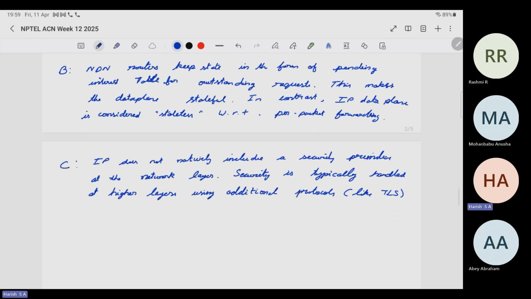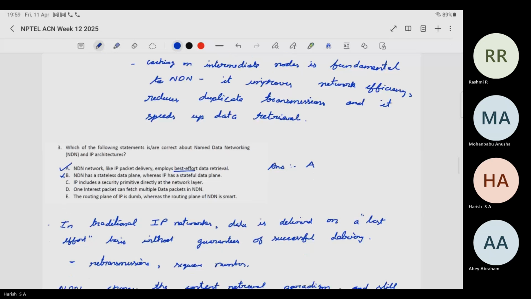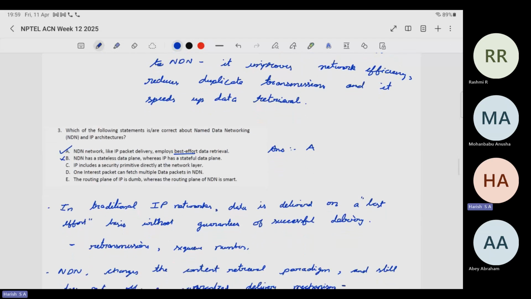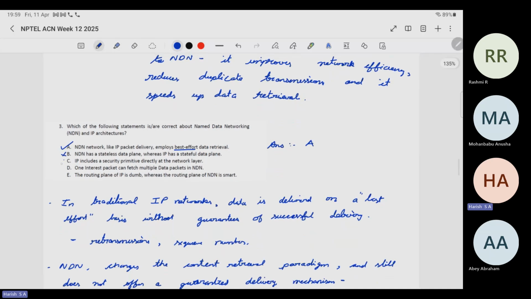Transport Layer Security. So again, this third option is basically not correct because IP does not have any security primitives at the network layer, right? But it has it at the higher layers. That's basically the answer to this.